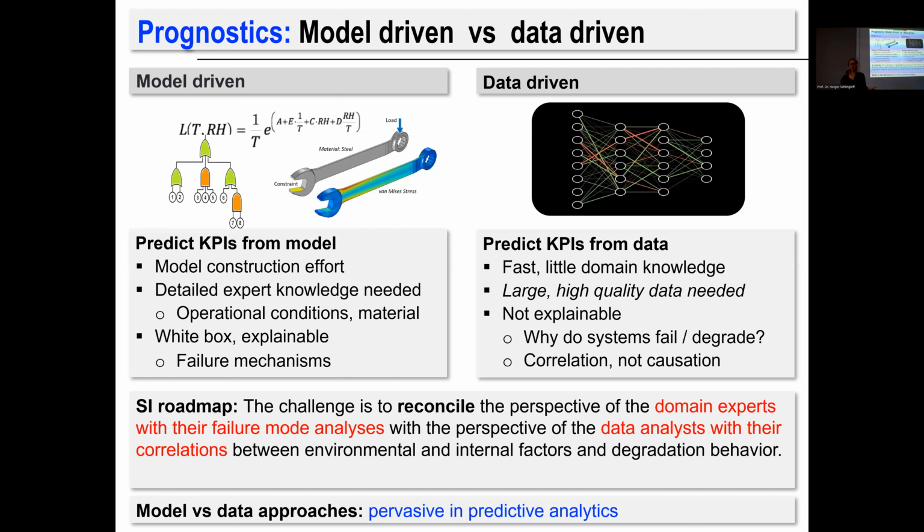It doesn't matter if you predict sales or you predict human behavior. All the time, what pops up is, well, maybe you have sales models or psychological models, you have data, and combining those is one of, I would say, the pervasive challenges in predictive analytics.